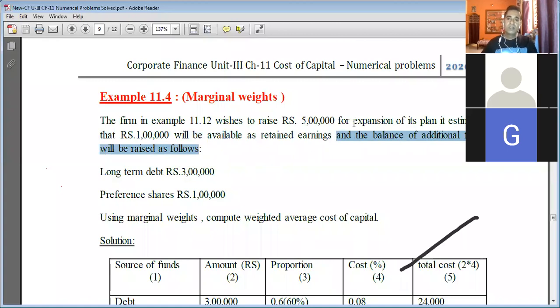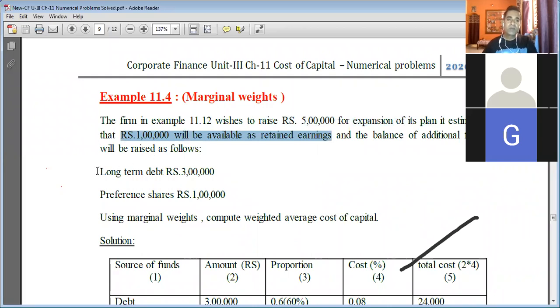The firm is planning to expand, that is, increase its production capacity, for which it will be raising 5 lakh rupees. Out of 5 lakh rupees, 1 lakh rupee will be available from retained earnings.